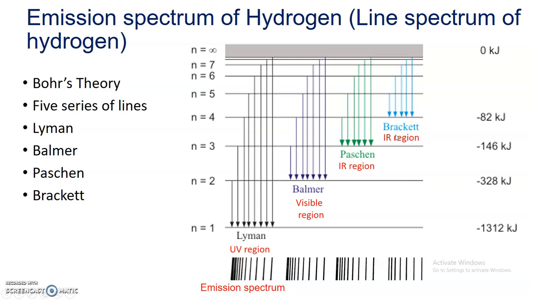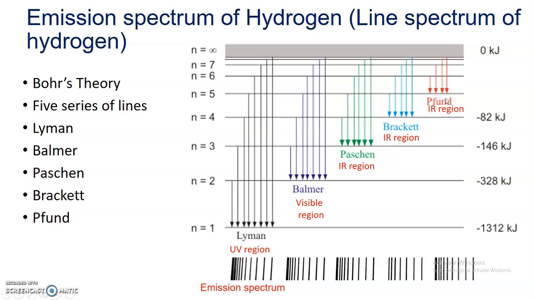Next is the Brackett series. Brackett series lines appear when the electron jumps from higher energy levels with principal quantum number n = 5, 6, 7 and so on to n = 4, and we get the corresponding lines in the emission spectrum, which are shown here. Brackett series lines also appear in the infrared region. And the fifth series, that is, the Pfund series, these lines appear when the electron jumps from higher energy levels with principal quantum number n = 6, 7 and so on to n = 5, and we get the corresponding lines in the emission spectrum.